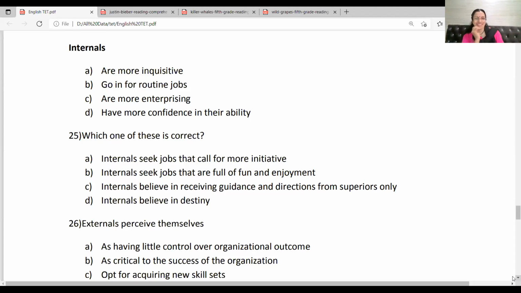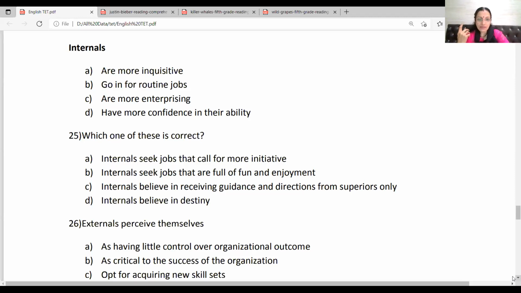A or B? A. Why A? Because these are the people who take initiative. They don't believe in destiny. These are people who believe that I can create destiny, which means they take initiative. So they seek jobs.